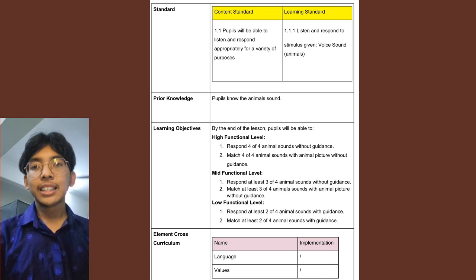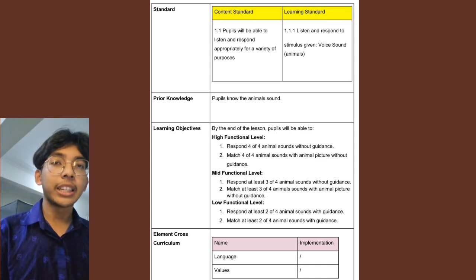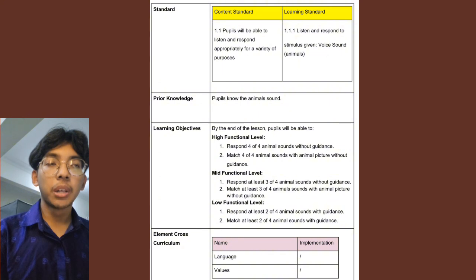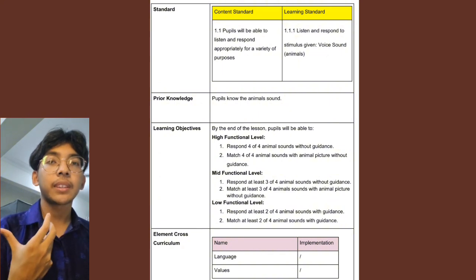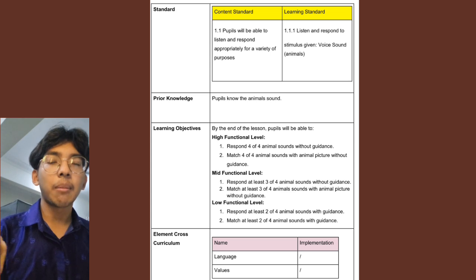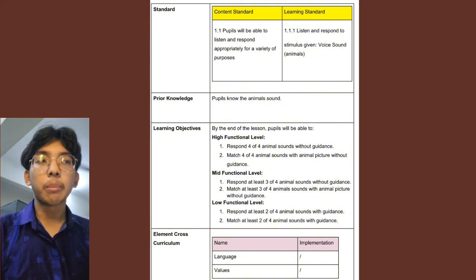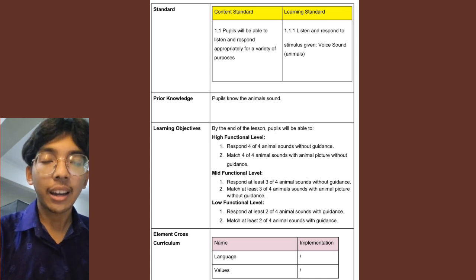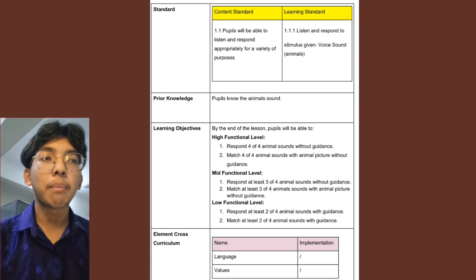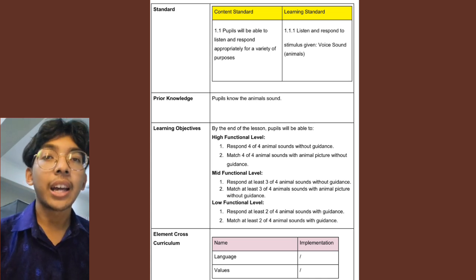So the target for the high functional level is higher because they have pre-knowledge about the things, and maybe their IQ is higher than the others. For the mid functional level, they just respond to at least 3 out of 4 animal sounds without guidance and match at least 3 out of 4 animal sounds with animal pictures and without guidance.